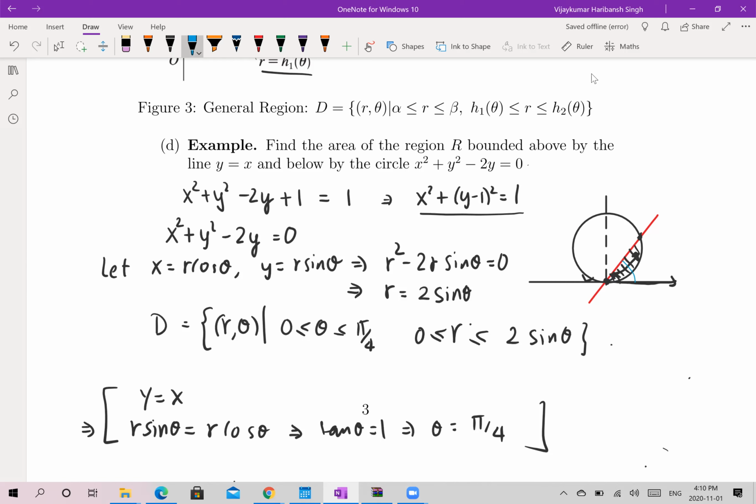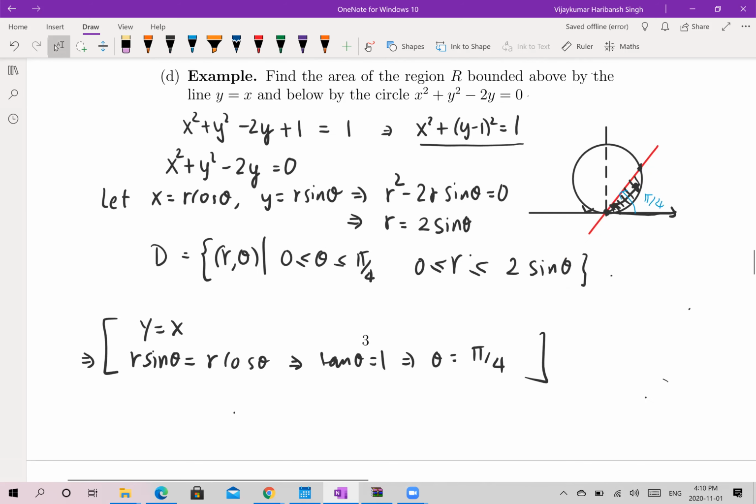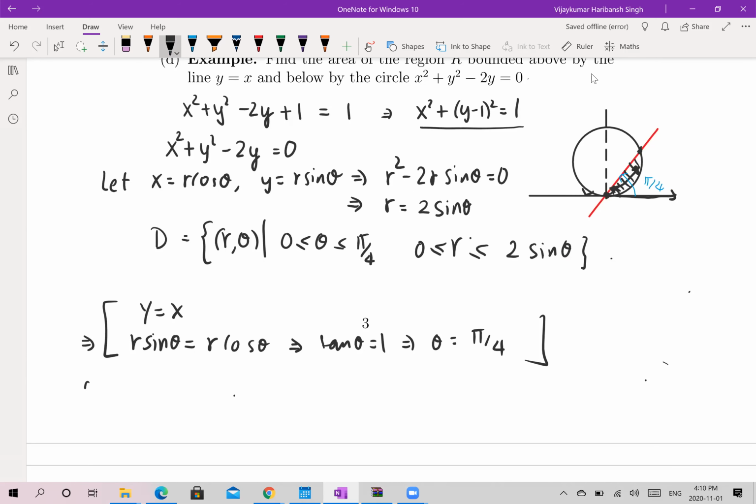So pi by 4. So let's compute this. Again, the integral will look like the double integral over region D. If this region is D, the area of D is going to be 1 dA over this region D, and that is going to be the integral of R, so instead of D I'm going to write R dr d theta.